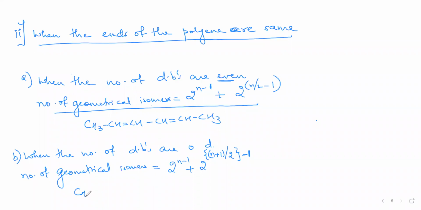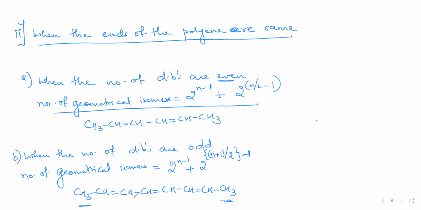Like for example, I take this. Now here the two ends are same. And there are 3 double bonds which show geometrical isomerism.